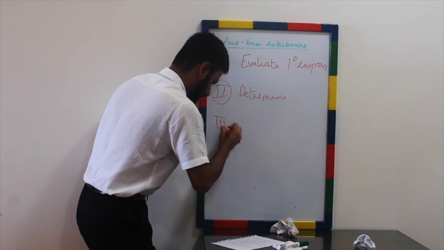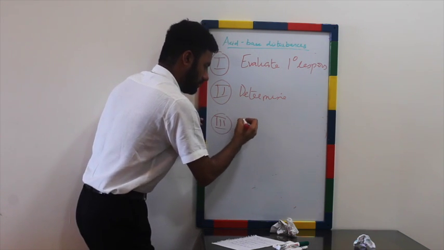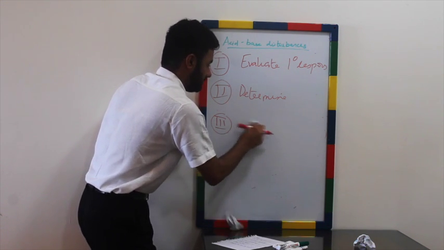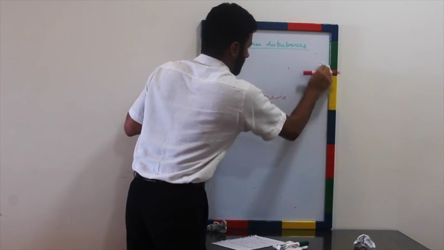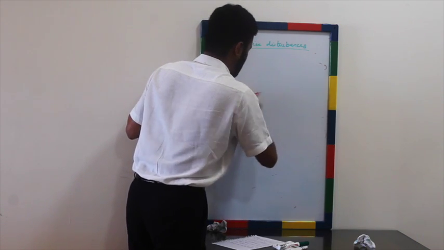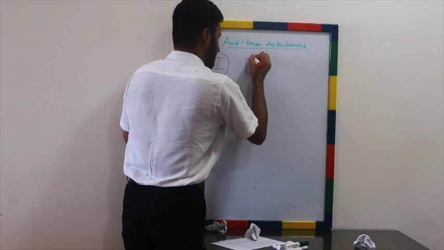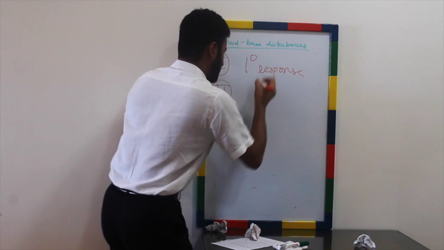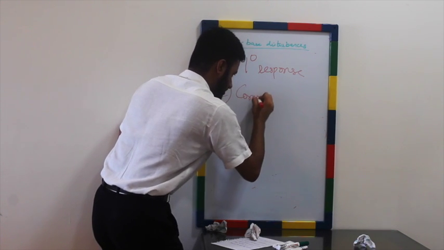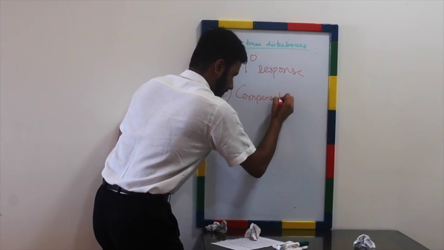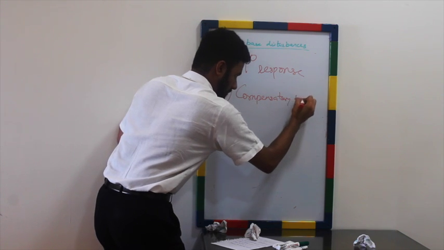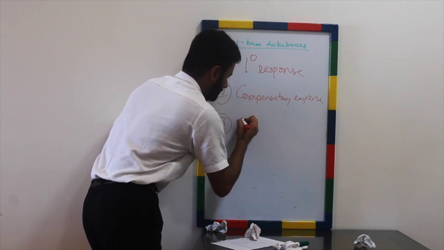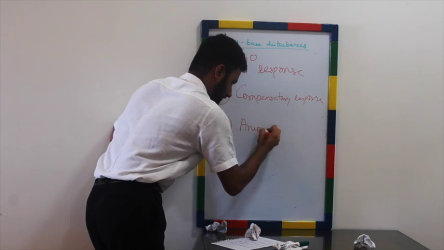The third is, if there is a metabolic acidosis, you measure the anion gap. So first step is primary response, second step is determine if there is a compensatory response, and the third is determine the anion gap.